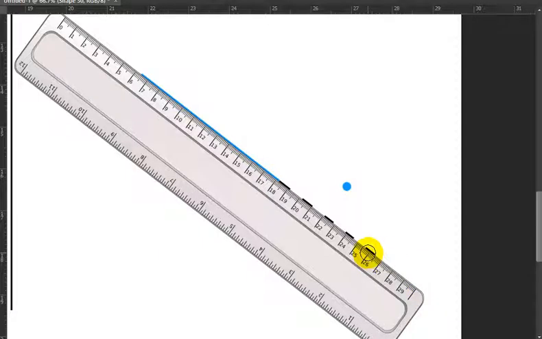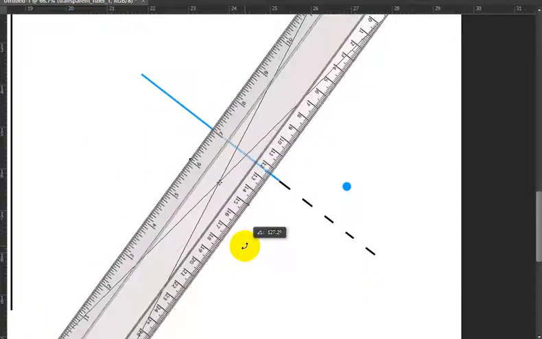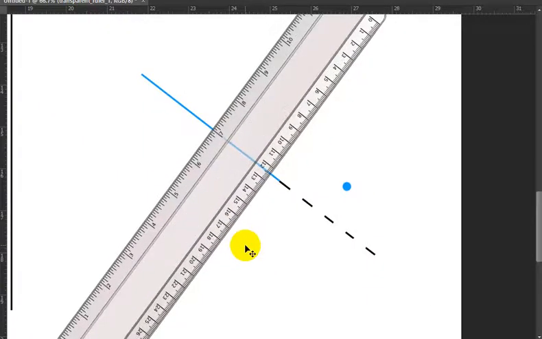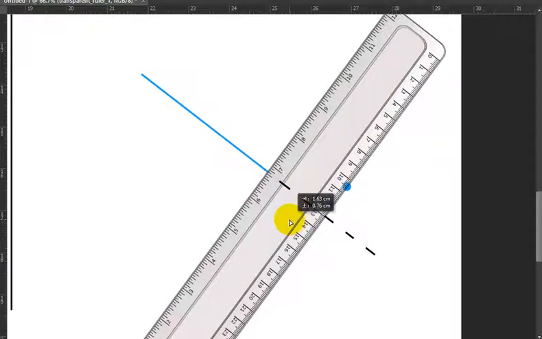Didn't need to be. Okay, so next up, we rotate our ruler again, make it perpendicular to the blue line. And then bring it in to touch the blue point.